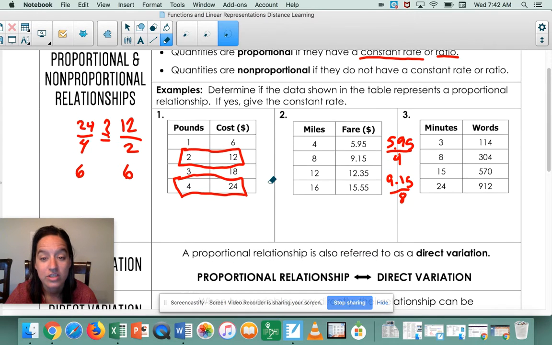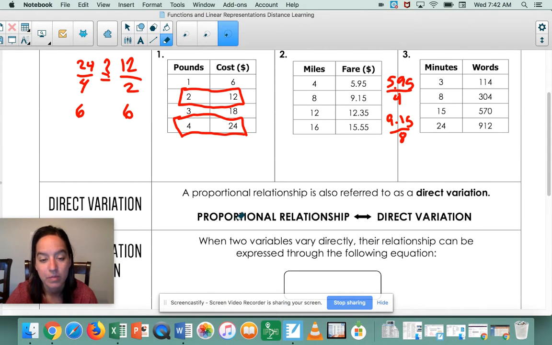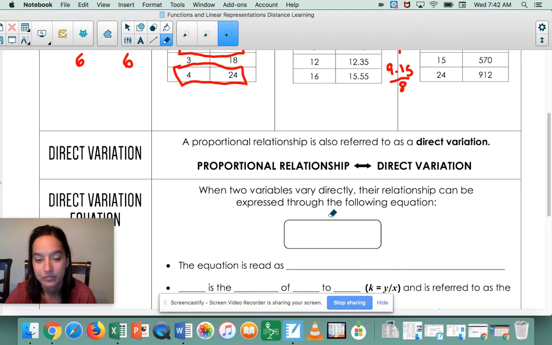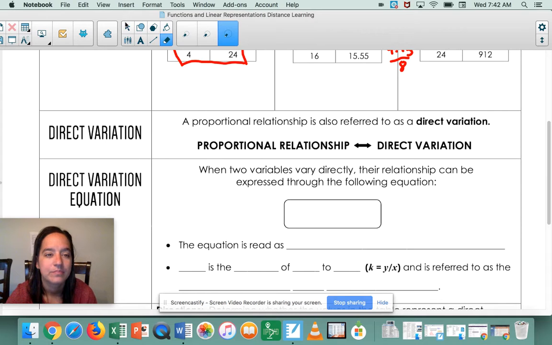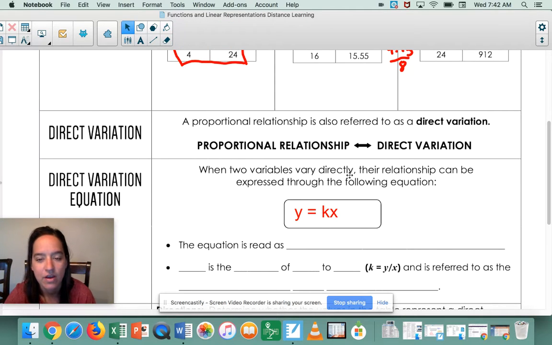We also learned that if a relationship is proportional, it has a direct variation. One of the main things we talked about is that the equation we'll use when we're talking about direct variation is y equals kx, which I said is the same thing as y equals mx.